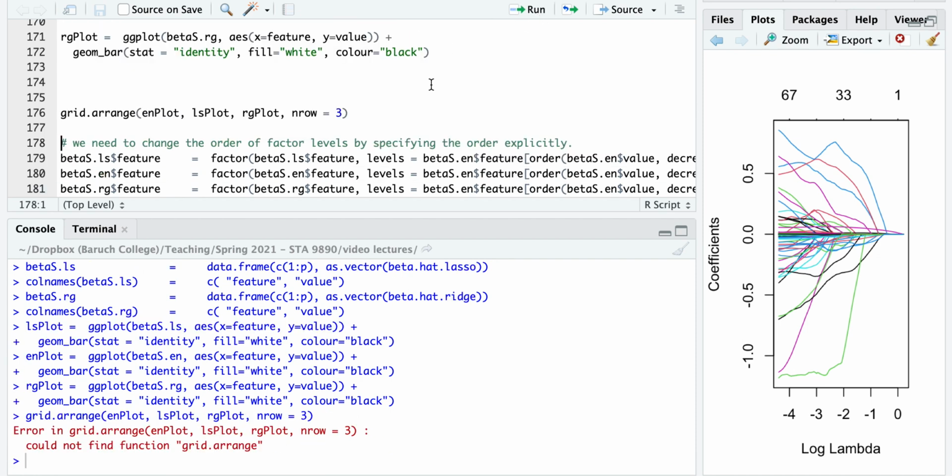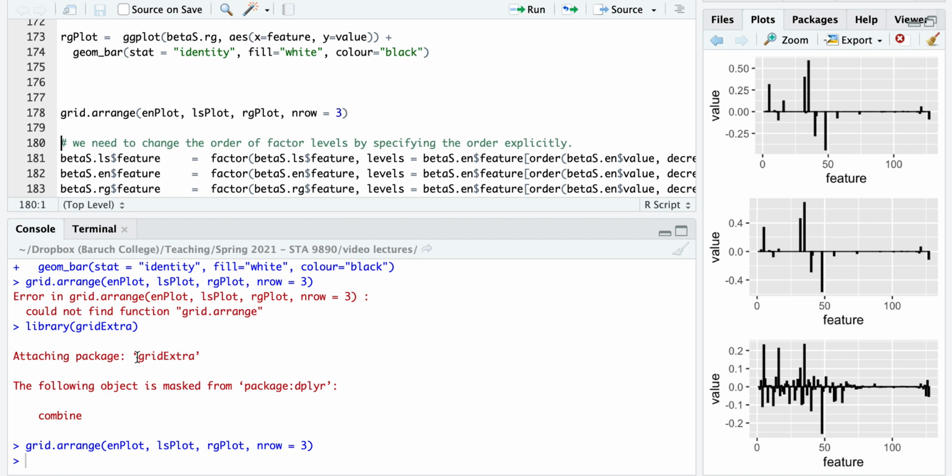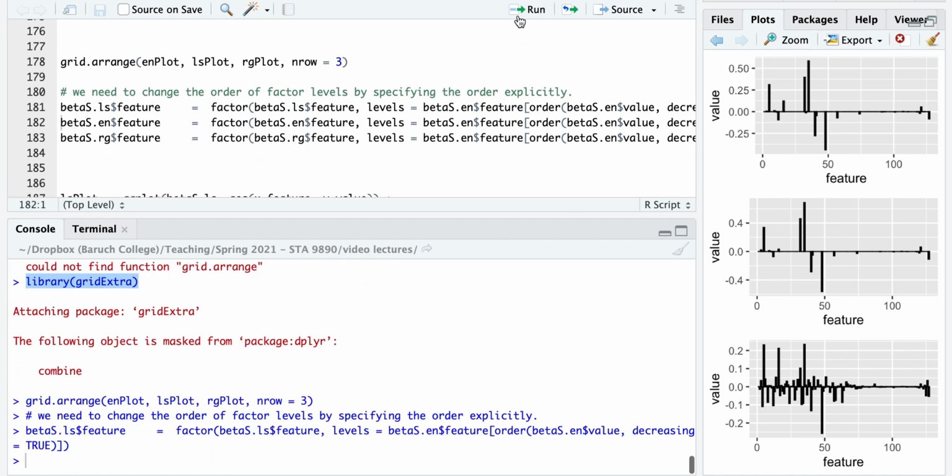I don't know why this isn't working. Okay, I had to call this library. I didn't have to do it in the past, but anyway.